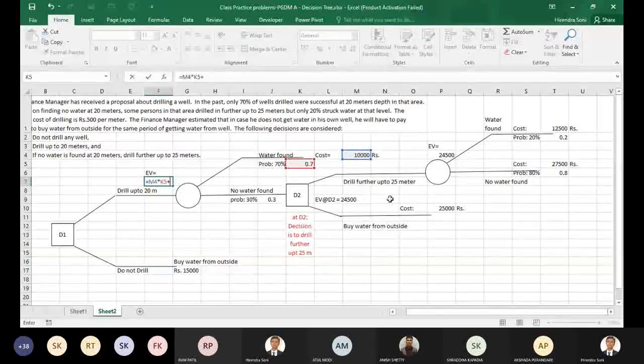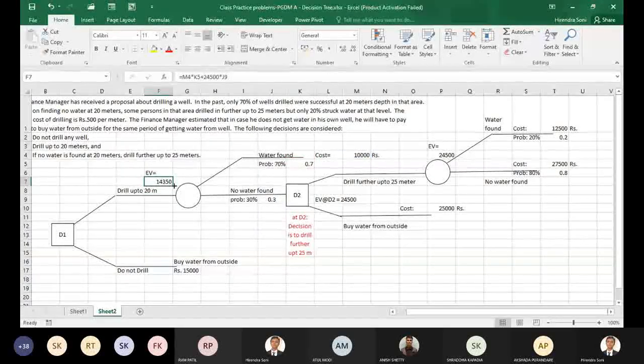हमको ये क्या आया था 24,500, मैंने वो कहीं पर ऐसे लिखा नहीं है. So 24,500 into its probability. So it would be 14,350. So यहाँ पर expected value is 14,350 and here expected value is 15,000. So whichever is the lowest will be considered at D1.